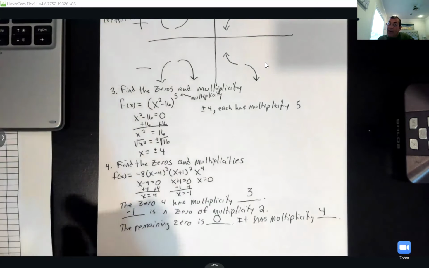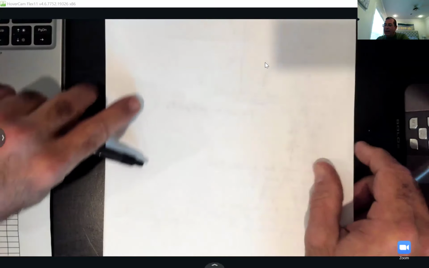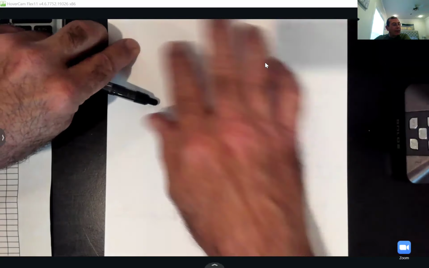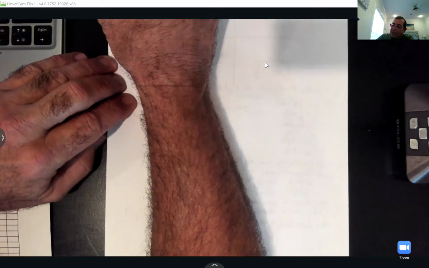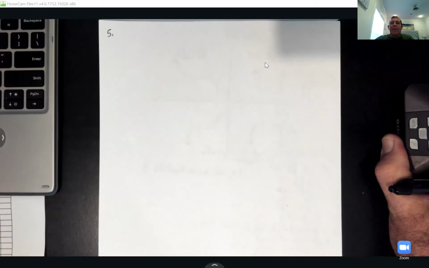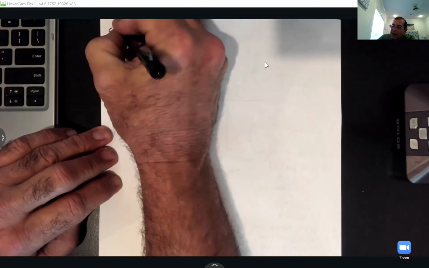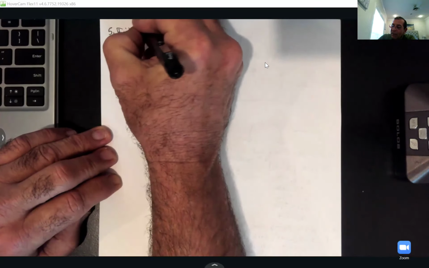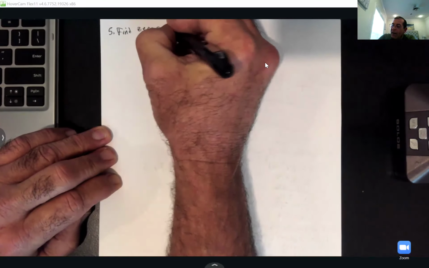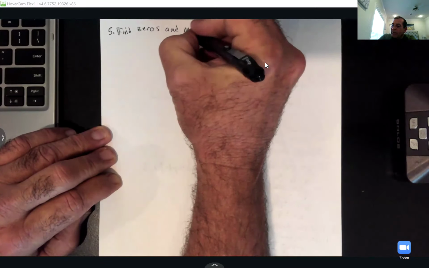All right, so let's move on to number 5. Now, number 5 is going to be our fun one, and let's see if you remember. I'm going to find the zeros and multiplicities.